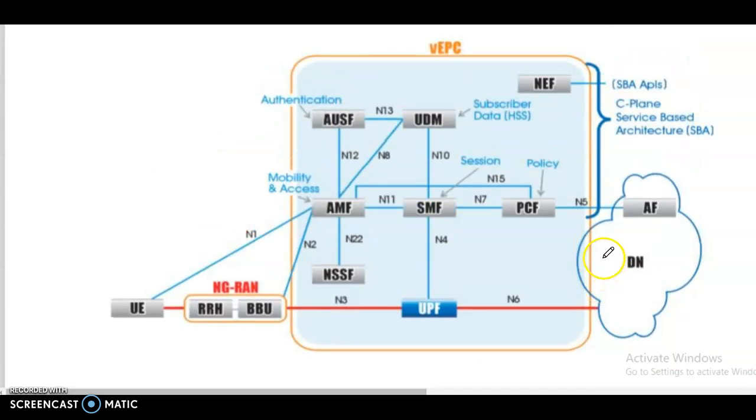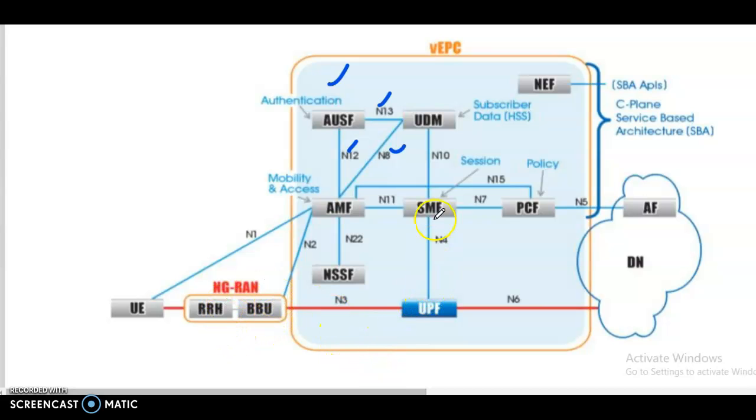Here, vEPC architecture. This is AUSF authentication, N12, N13, N8. This one is connected to UDM. Here, N12 connected to AMF. AMF connected to NSSF. And then this is mobility access. From here N1, N2: from N1 UE is connected, N2 RRH, NG RAN connected.